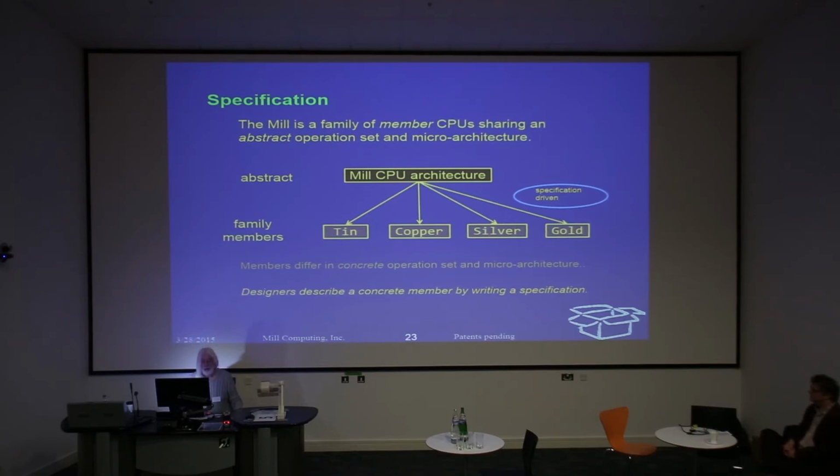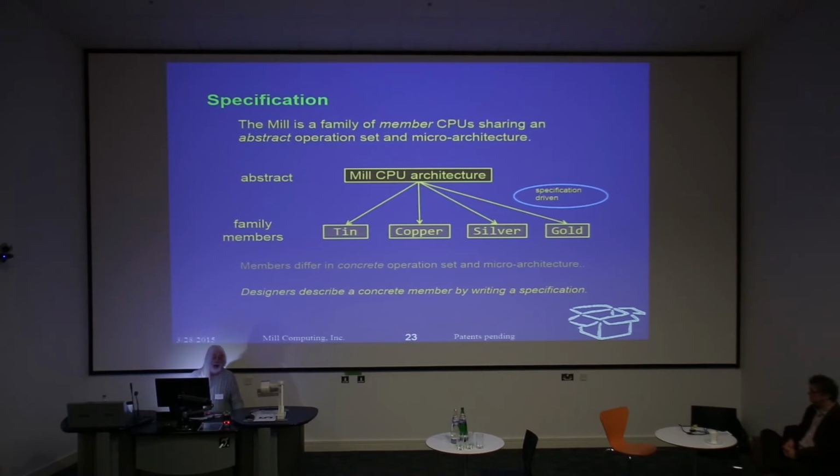And it's ironic because as a result of the specification, the Mill's instruction set is extraordinarily regular. There are no odd peculiarities where an engineer was able to save a gate by making some special case of one particular operation that the compiler has to deal with.